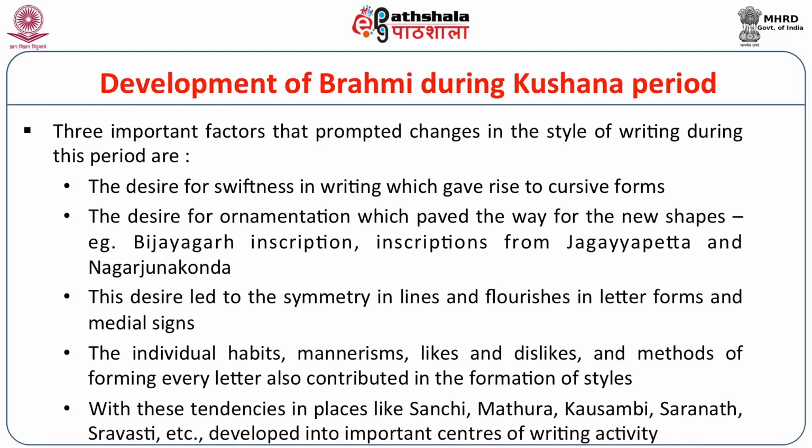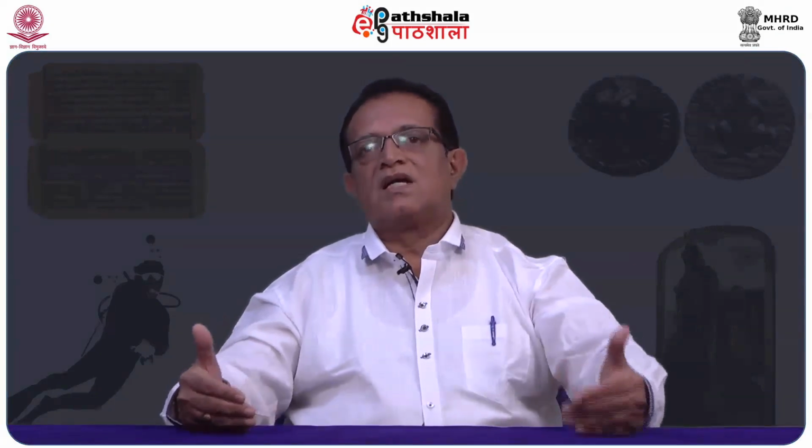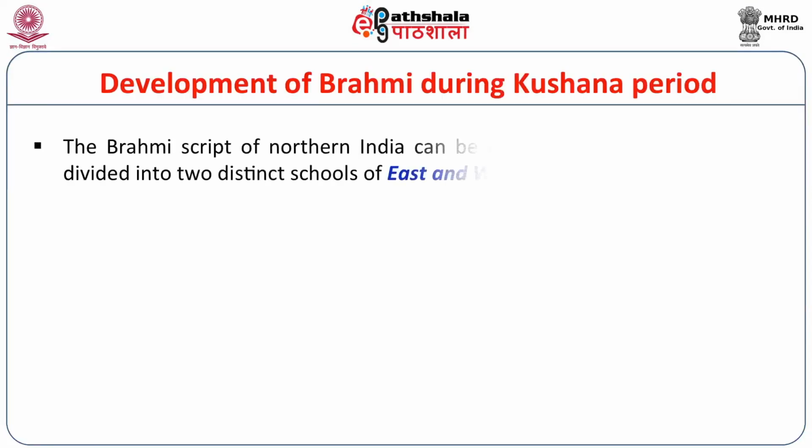With these tendencies, places like Sanchi, Mathura, Kaushambi, Sarnath, Shravasti, and many others became important centers of writing. As we have identified earlier, they are places with a large number of inscriptions with their own distinctness. That's how they could be classified, and they have proved to be important places.